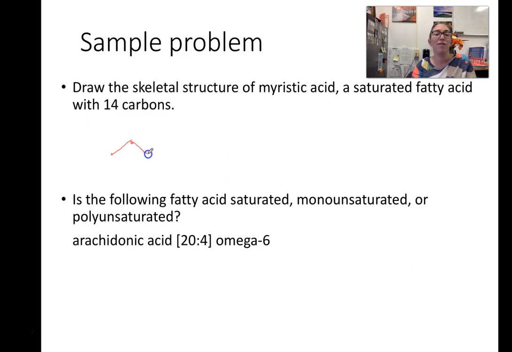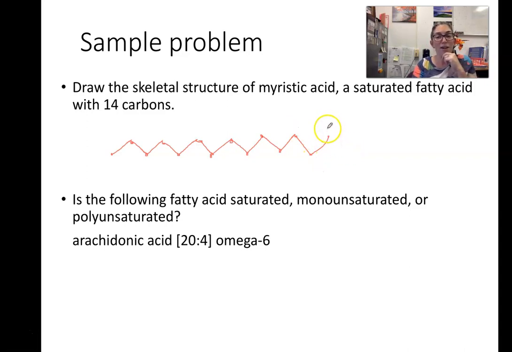So 1, 2, 3, 4, 5, 6, 7, 8, 9, 10, 11, 12, 13, 14. Just going to double count. 1, 2, 3, 4, 5, 6, 7, 8, 9, 10, 11, 12, 13, 14. Check.